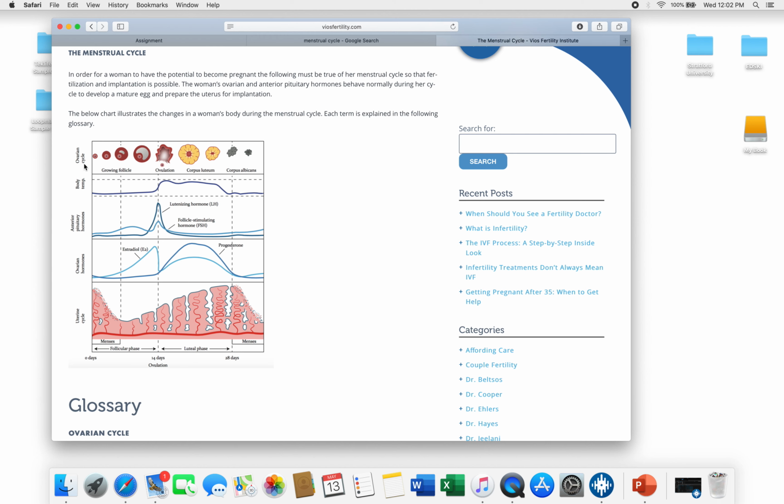So let's look at it with respect to the ovaries. Now, your ovary, you see this little thing here? It's a follicle. Within the follicle is a mature egg, which, of course, from your other videos, you know, only has 23 chromosomes.